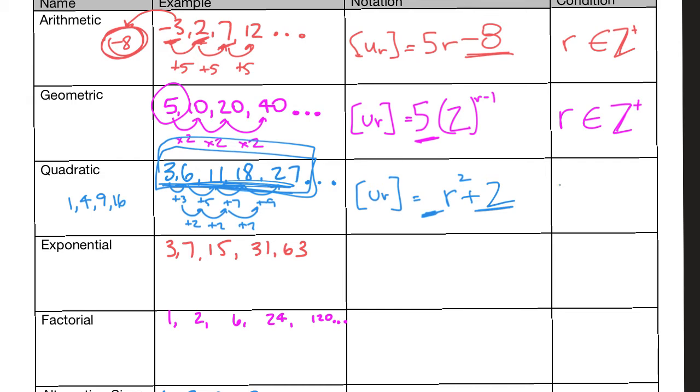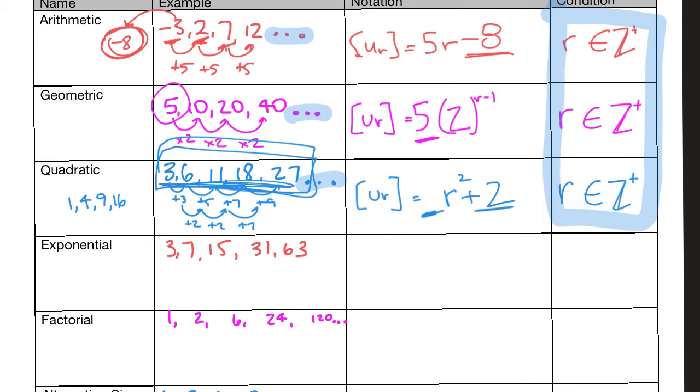Okay, and again, in this situation, r is going to be an element of the positive integers. And part of the reason all 3 of these are positive integers is because of these dots. So take a look at this next example. It doesn't have the dots. So there's going to be another condition, but we'll get there in a second.